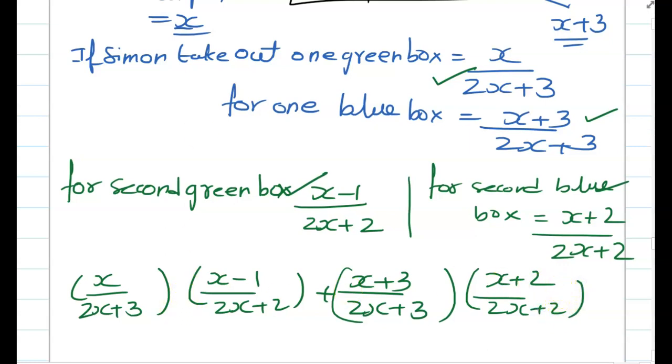Okay, if you see here, 2X plus 3, 2X plus 2, 2X plus 3 and 2X plus 2, the denominators are the same. So let's take them outside the bracket.